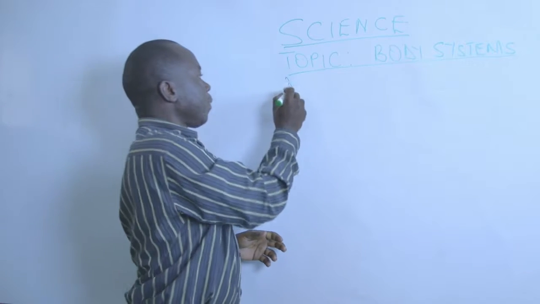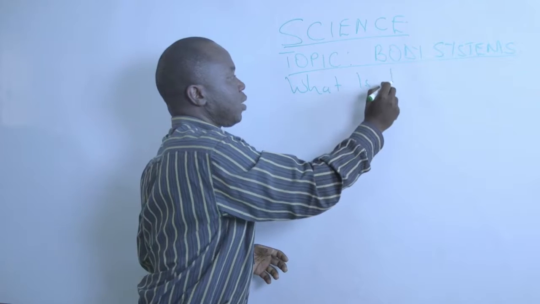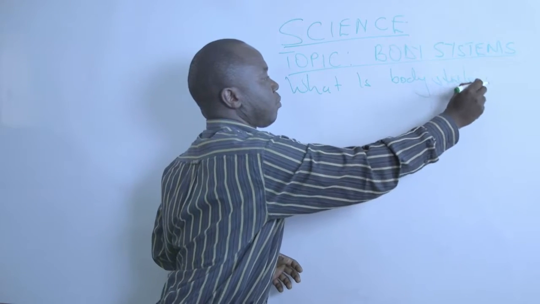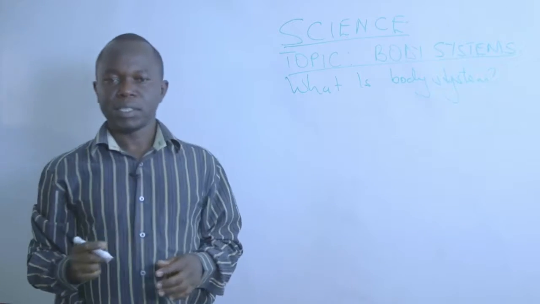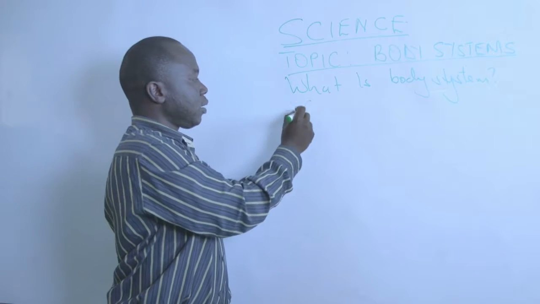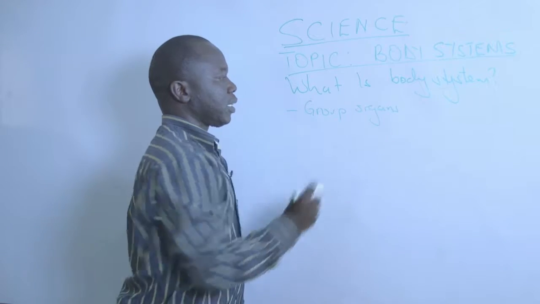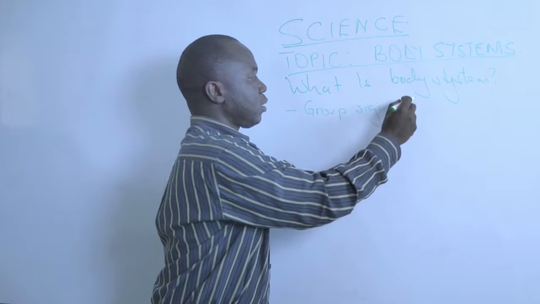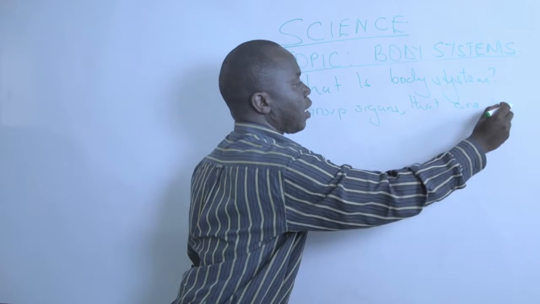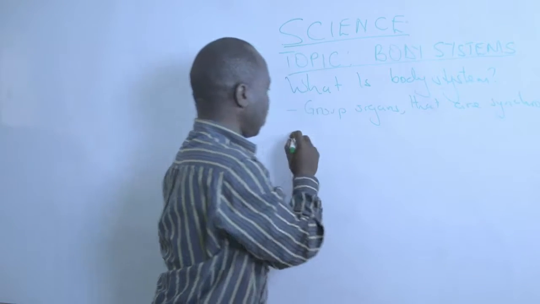So the question that we shall start with: what is a body system? A body system is a group of organs that are synchronized to work together.